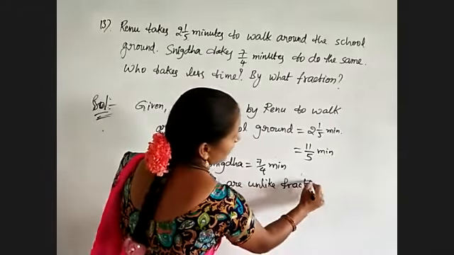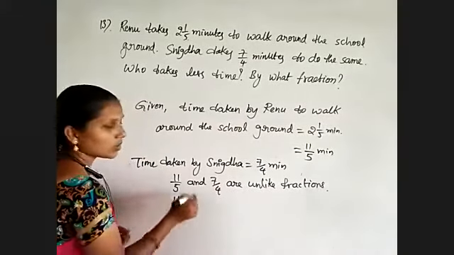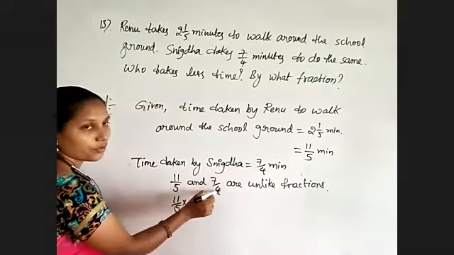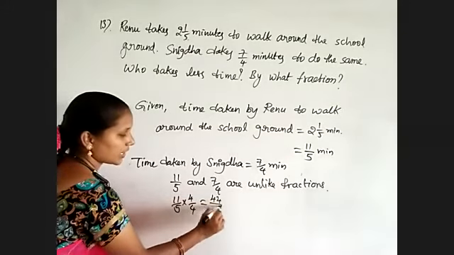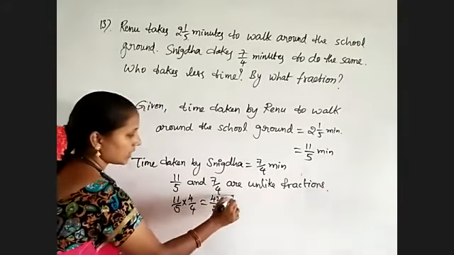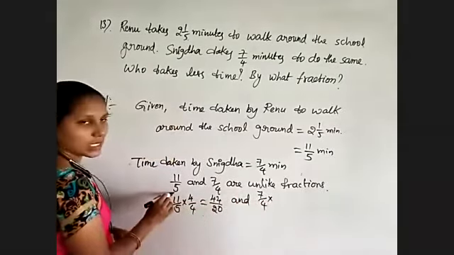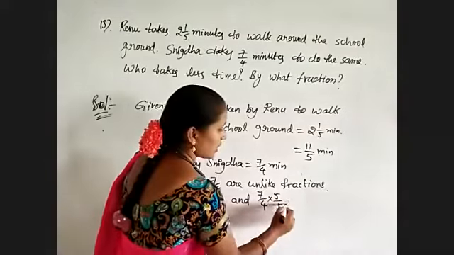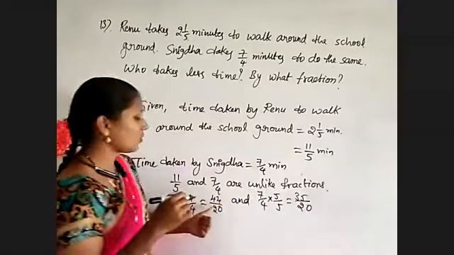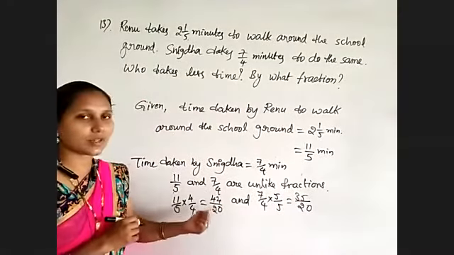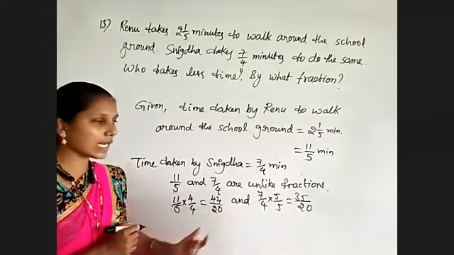So convert them into like fractions. What will you do? First fraction 11/5, cross multiplication I am doing. So here 4 is there, 4/4, which is nothing but 44/20 minutes. And 7/4, here this fraction times 5/5. 7 5s are 35, 4 5s are 20. So now 44/20 and 35/20 are the equivalent fractions of 11/5 and 7/4, and they are like fractions.